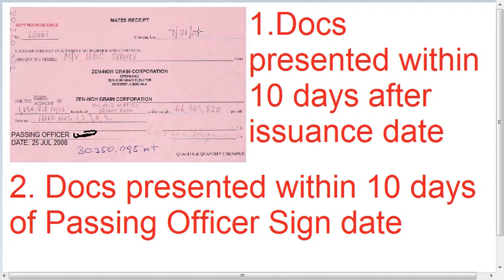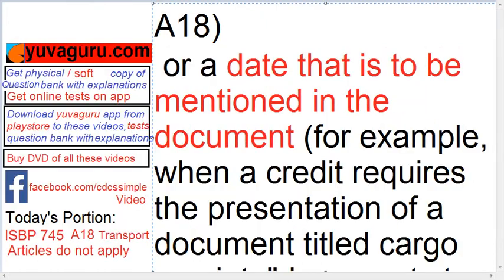So leave the 21 days; after this, it will be 10 days. Or the LC can also state documents to be presented within 10 days of the passing officer sign date. So if the passing officer sign date is 25th July, then 10 days from there. This second example is for this line, a date that is to be mentioned in the document.